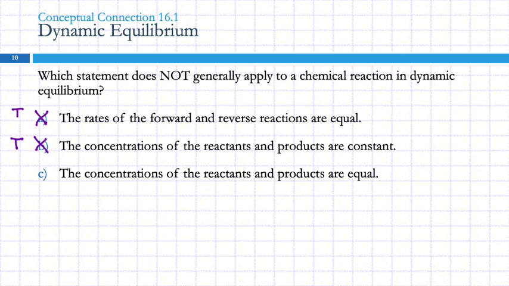It's not changing. The concentrations of the reactants and products are equal. That's false. So that's our choice. The concentrations are constant, they are not changing, but the reactants and products are still reacting and going back and forth. So just like the people in the airport, it's not the same molecules all the time. Those are changing, but the overall number of them is the same.